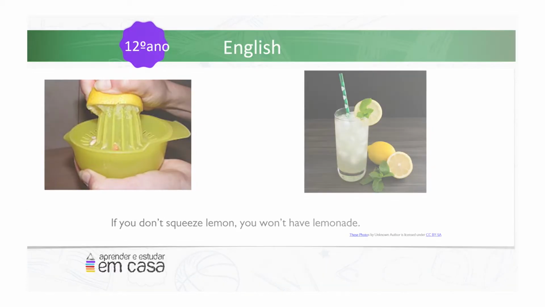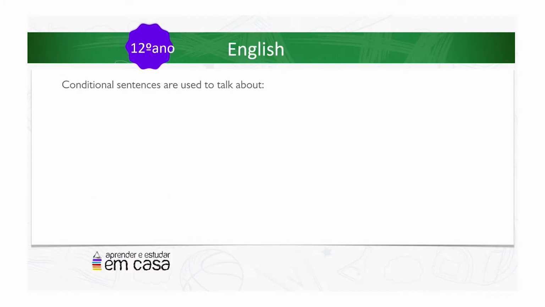Today we're going to look at conditionals. Some conditionals, like the 0 and 1, actually happen. There's no way, if you have the conditional, that you don't get the result. This is the 0 conditional.